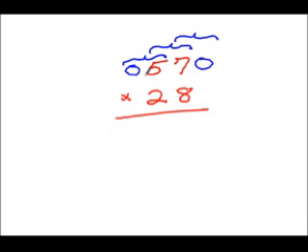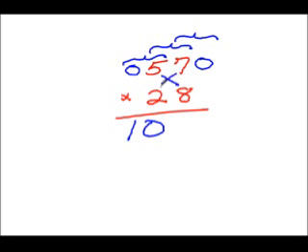Each time I multiply a number pair, I'm going to be doing my cross multiplication. So on this one I have 8 times 0 plus 5 times 2. 8 times 0 is 0, 5 times 2 is 10. Carry and a 0.